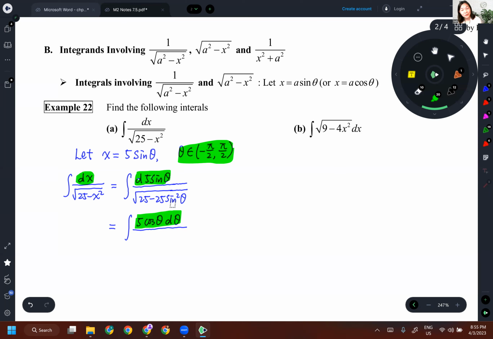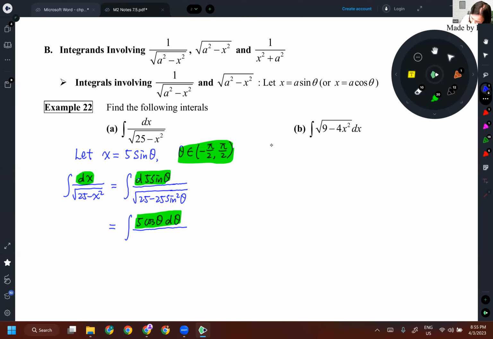Do you see? Okay. And for this one, it's 25 cosine square theta. I'm just simplifying the denominator.